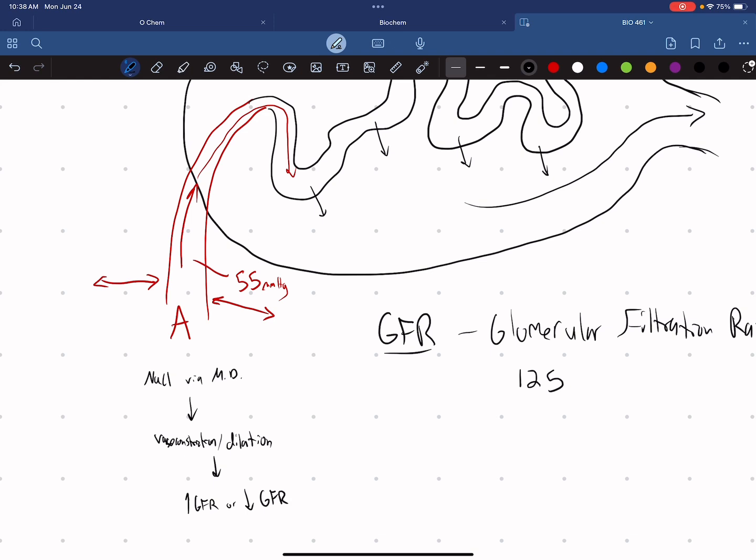So when the afferent arteriole is dilated, there will be more blood going to Bowman's capsule, which will cause an increase in GFR. And here there will be less, which will cause a decrease in GFR.